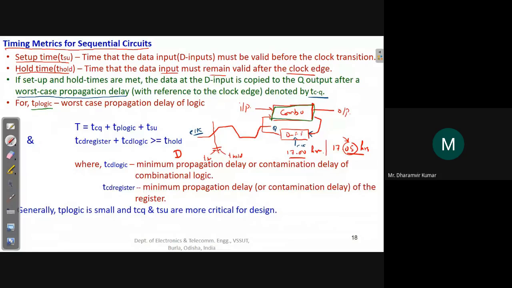For the logical function we have a definition, a term TP logic, which is known as the worst case propagation delay for the logical part, not for the memory part. This is the logical part. Then the time period of the clock signal.